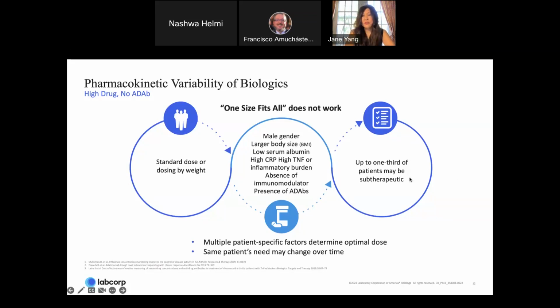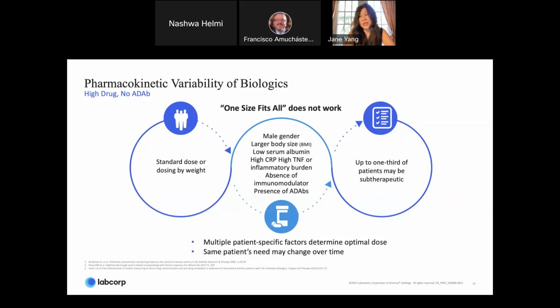In fact, we know from numerous studies and our own clinical database of tens of thousands of patient samples that a significant portion of patients on standard dosing are going to be subtherapeutic. A third to 1/2 of patients who are negative for antidrug antibodies have drug levels that are less than 3 for infliximab and less than 5 for adalimumab.